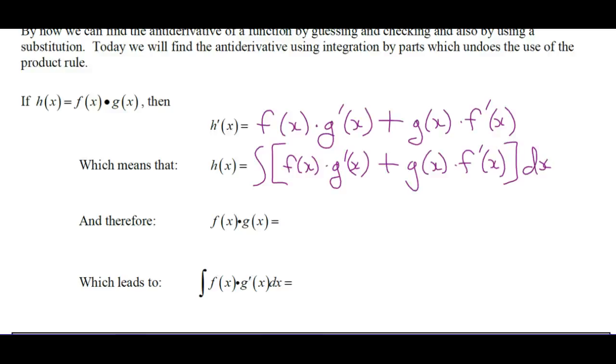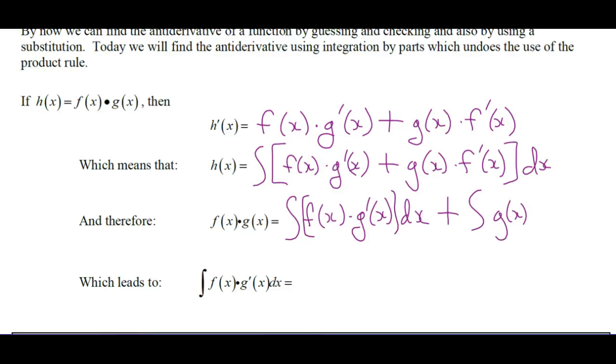H of x is the same as this, which means that that product is the integral of f of x times g prime of x dx plus the integral, now I'm just splitting up the integral, of g of x times f prime of x dx, right? So these two things are the same. They're equal.